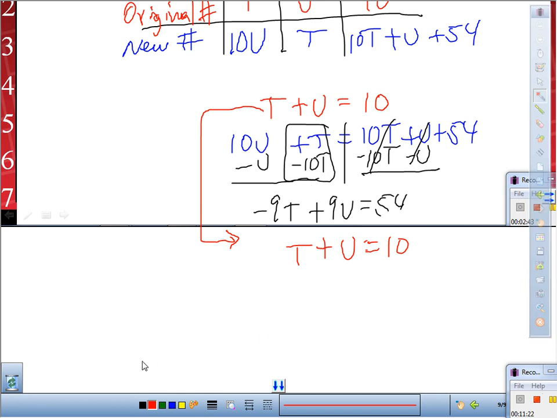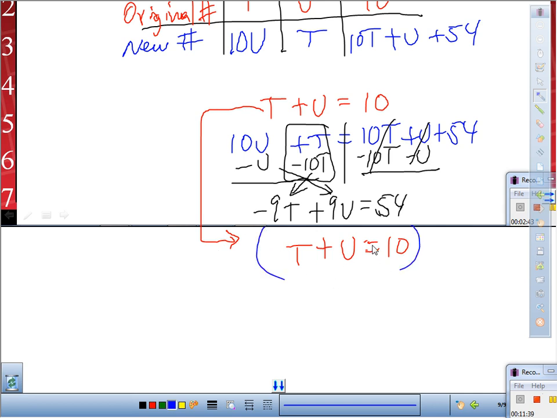No, I know. All I did is I placed them in order. This one, I finally moved it to the 10 spot. This one, I moved it to the U spot. You see it? Yes? Okay. So let's eliminate the T.